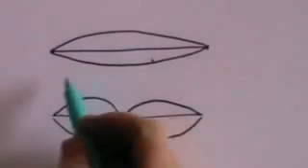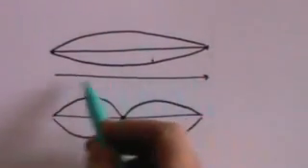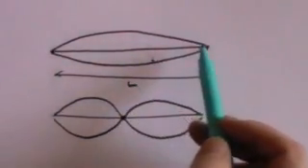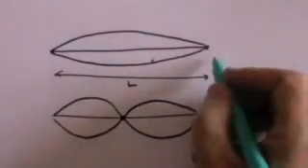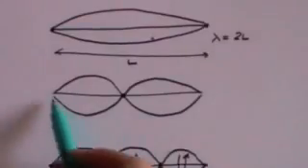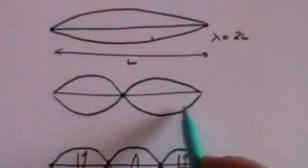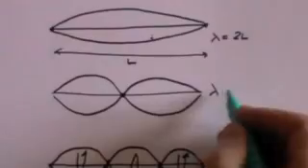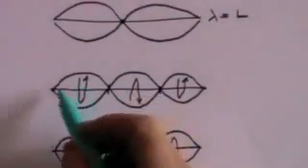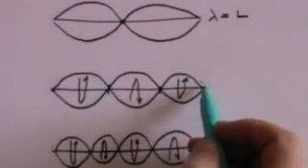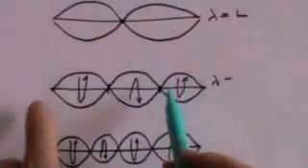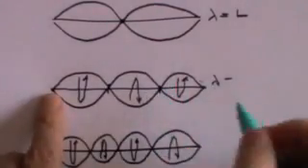If the total length of the rope is L, then you can see that this is essentially just half a wavelength, and therefore in this case the wavelength is 2L. In this case you've got one complete wave, and so the wavelength is L. In this case, you've got 1.5 wavelengths, and therefore the wavelength in this case is 2/3 of the length of the rope.